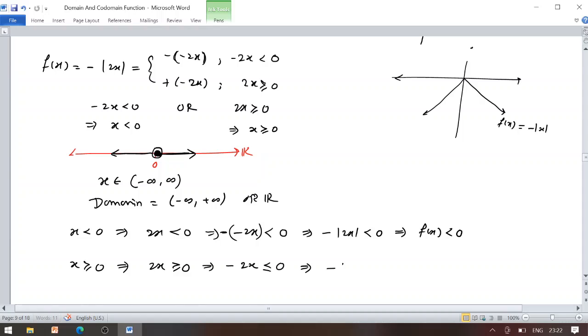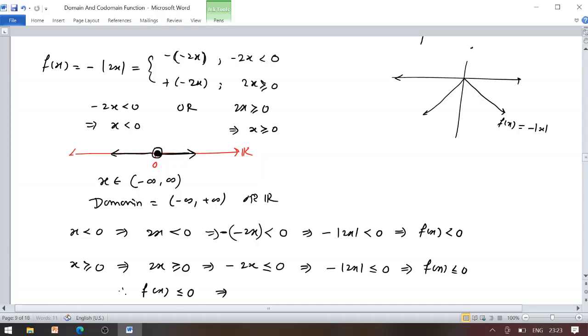Twice x we can write as a mod of twice x, since the modulus becomes a positive value. So we can write it like this, less than or equal to 0. So ultimately f of x is less than or equal to 0.